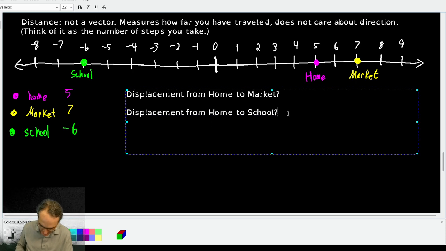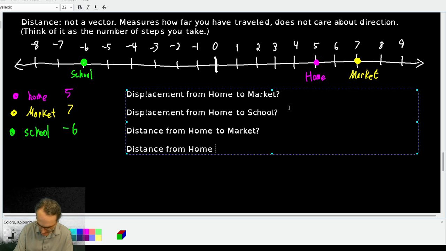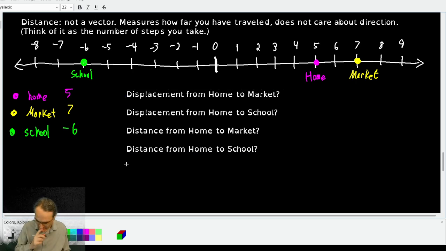After we've got that, what is the distance from home to market and the distance from home to school? So these are the ones that will come out pretty much as you expect.